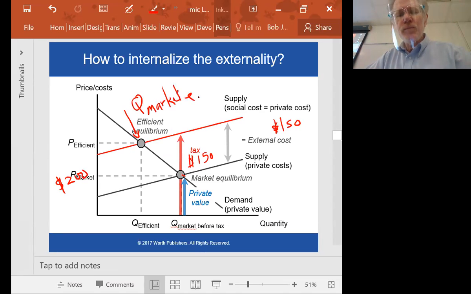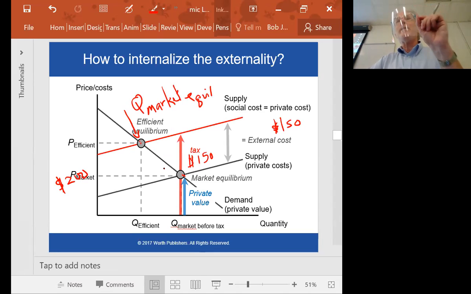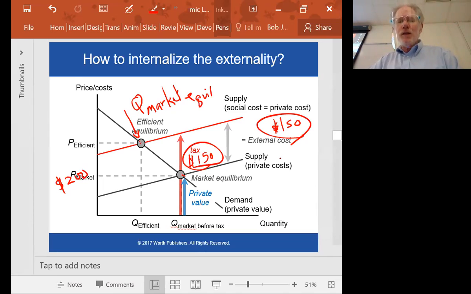Okay. This is where we are going to be, okay? Simply because when you impose a tax on the producer, then he's now going to take that cost into account. He's not thinking about the externality, but he is taking the tax into account. And since the tax is the same magnitude as the externality, then he is taking everything that's relevant into account.